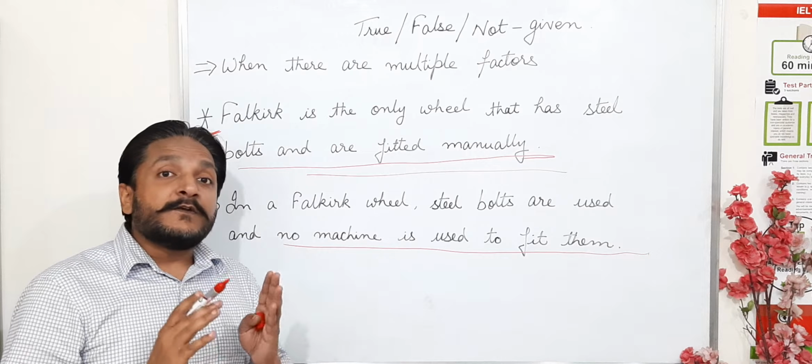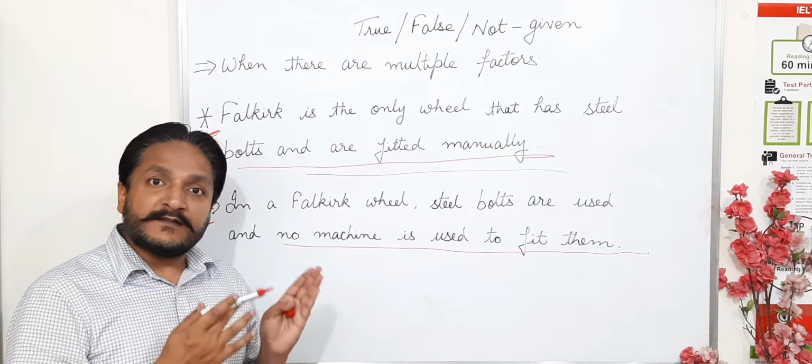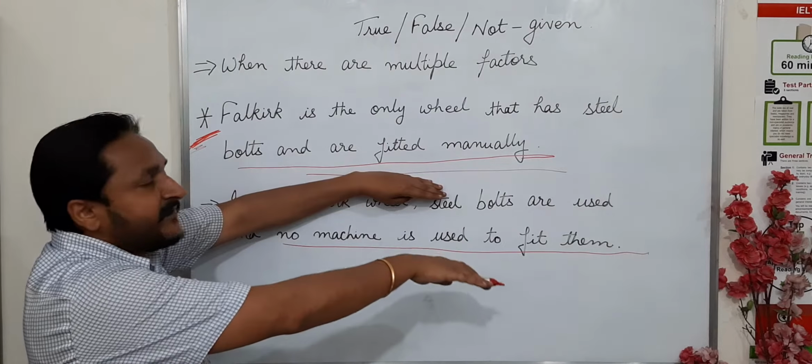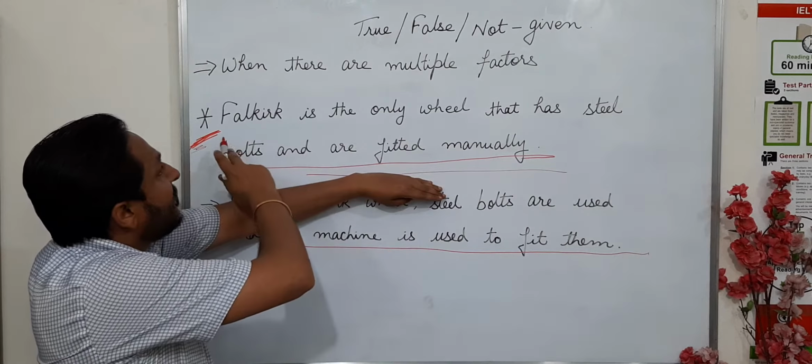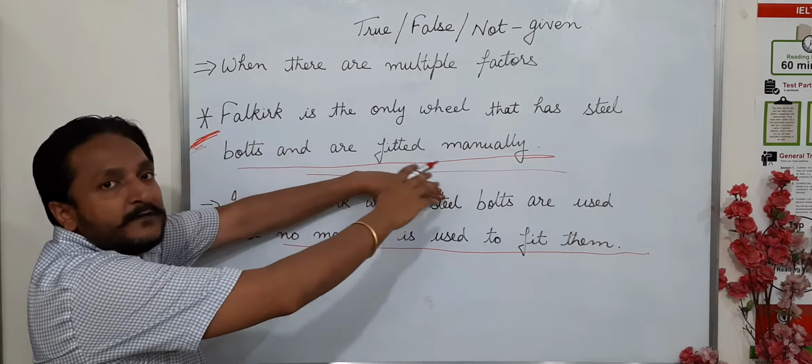However, they don't see whether there is something else in the statement which can be false or not given, because of which our answer can change. So, without looking at the passage, first of all, let me mark the things that I need to check whether they are true, false, or not given.